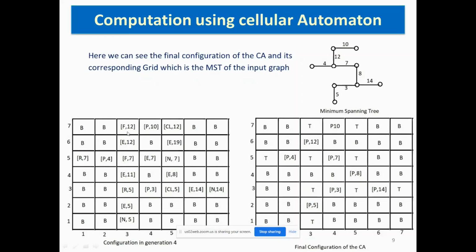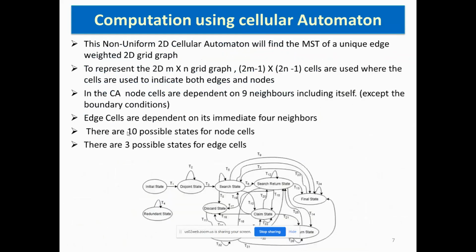So when we already have a fragment, in order to add another node to the fragment, we have to understand what is the minimum outgoing edge from that subtree. For that, we will be doing a search operation in that particular fragment, and the whole process will run simultaneously for all the existing fragments at that point of time. So this we are calling the search state.